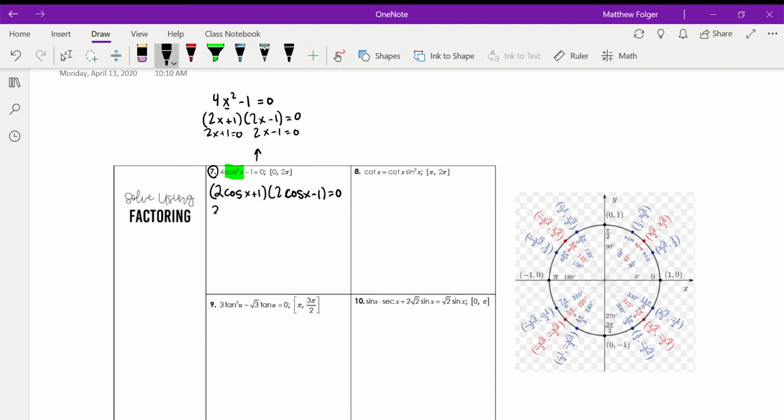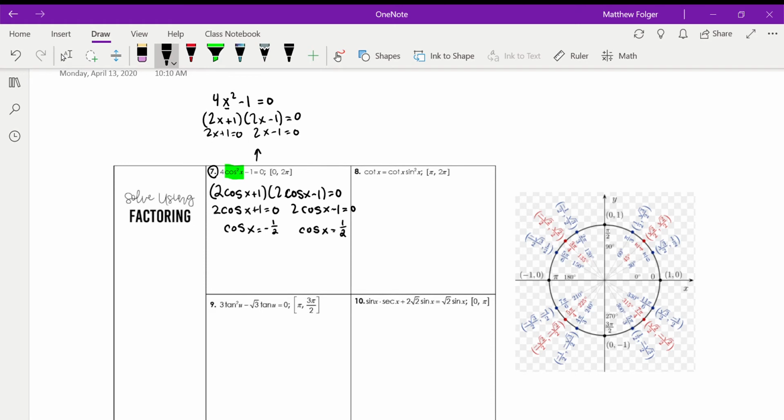So again, down here, 2 cos x plus 1 equals 0, 2 cos x minus 1 equals 0. And then you just solve them. So this ends up being cos of x equals negative 1/2. And then this is cos of x equals 1/2.